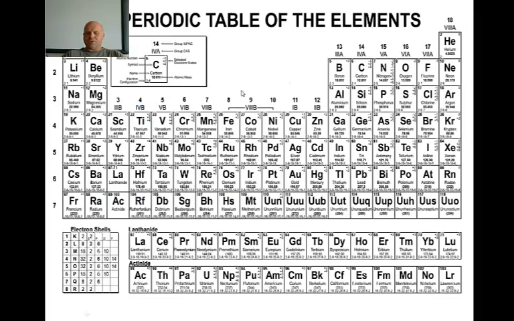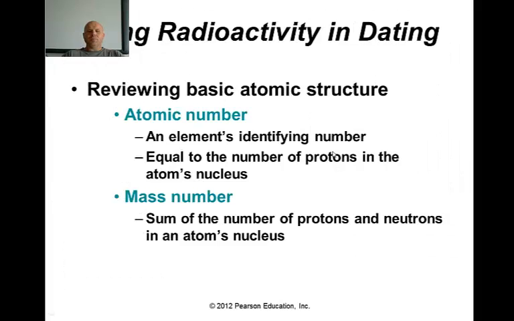With the atomic number, let's take a minute to remember what these are. If we look at the periodic table, the atomic number is up there in the corner. If we look at carbon, which is in the periodic table right here, the atomic number is 6. The atomic number identifies the element, and it's equal to the number of protons that an atom has.